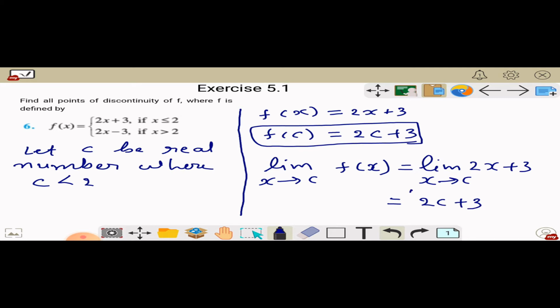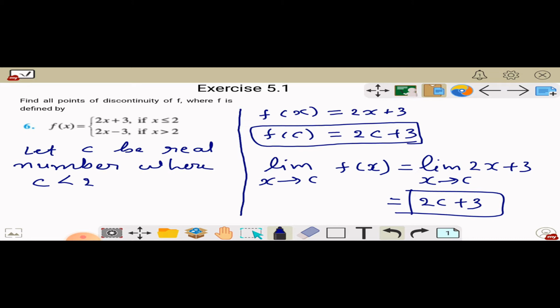So here you can see that limit x tends to c f of x is equal to f of c for c less than 2. So we can say that the function is continuous at all the points less than 2.